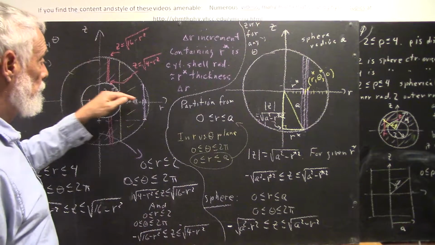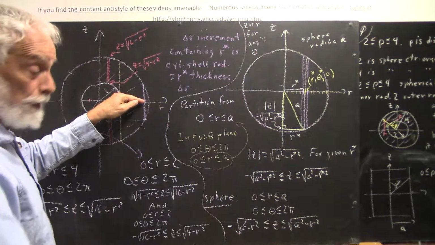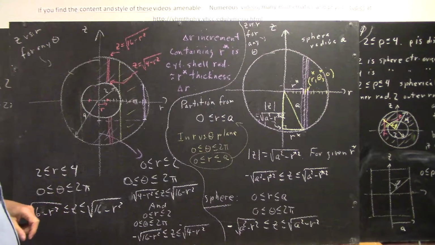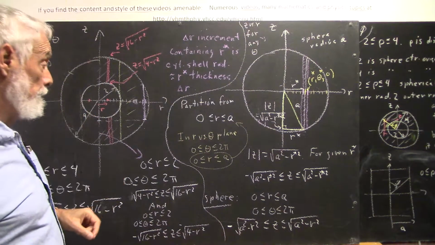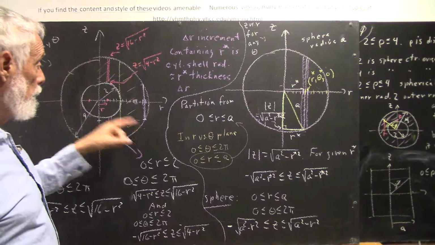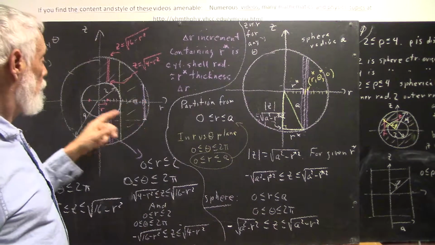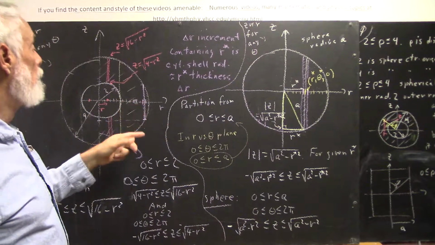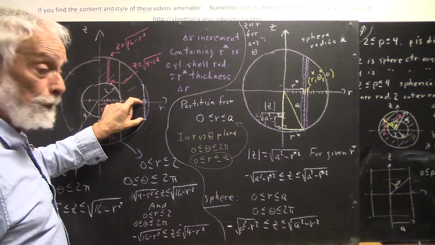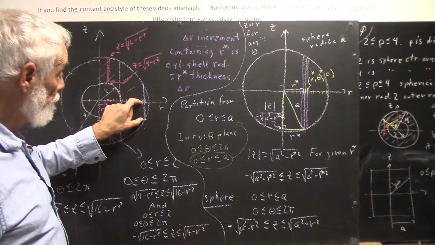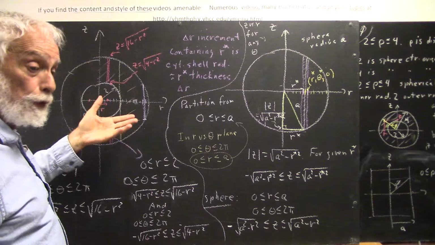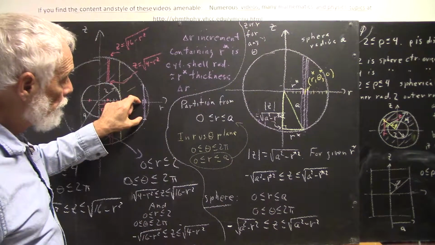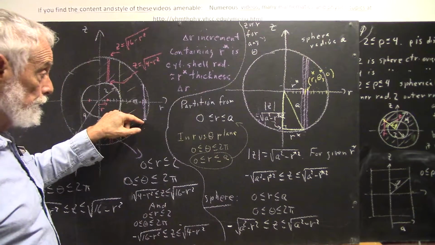And our distance from here to here is r star, whatever r star happens to be for this particular subinterval of our partition. So we have 4 here and r star here, and r star squared plus the z coordinate squared is going to have to equal 16.